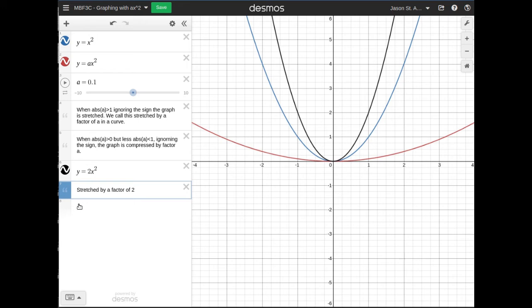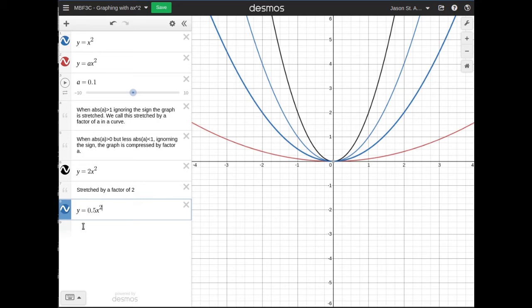Okay, now if we do the same for this type of equation, y is equal to, let's say, 0.5x squared, our graph is going to be not stretched, but this time it's flattened. So now it's compressed by a factor of 0.5. So all we're doing is taking the 0.5 and multiplying by each of the y values. All right? So it's very similar to what we did before, and that's it.